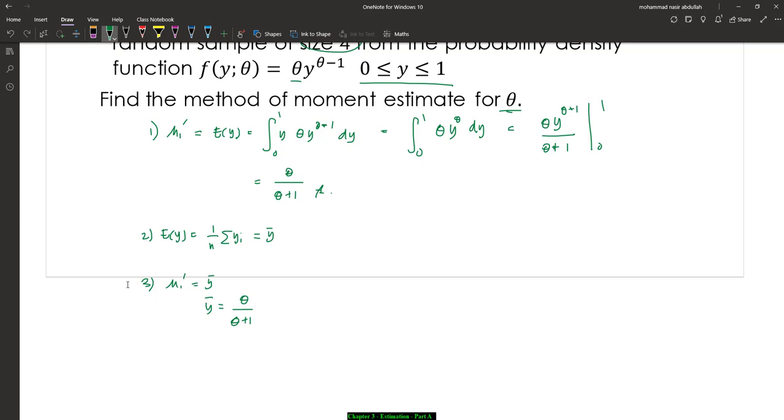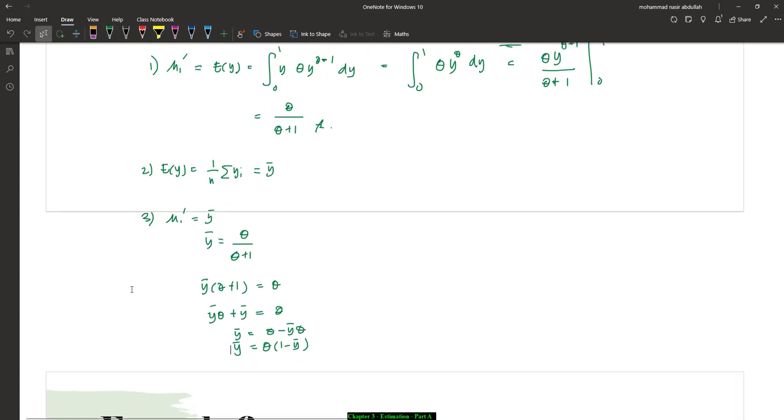So y bar times theta plus 1 equal to theta, right? So y bar theta plus y bar equal to theta, and y bar equal to theta minus y bar theta, and this one theta times 1 minus y bar. So this one should be y bar over 1 minus y bar equal to theta. So we can say that the estimator for theta is equal to y bar divided by 1 minus y bar.